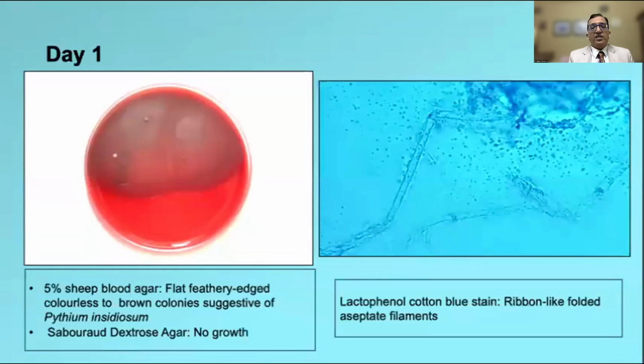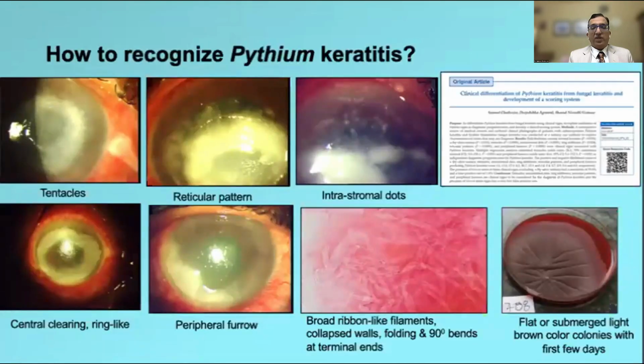So Pythium keratitis has been reported from the 80s. The first few reports were mainly from Thailand, but it did not catch most of our attention till the last one decade, when in India at least we started noticing and diagnosing many cases of Pythium keratitis. The problem with Pythium are several.